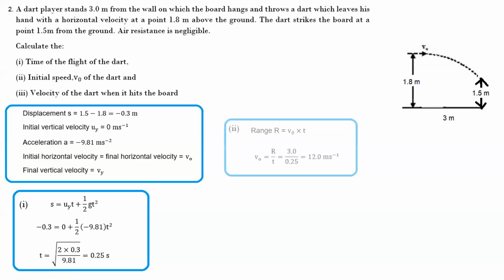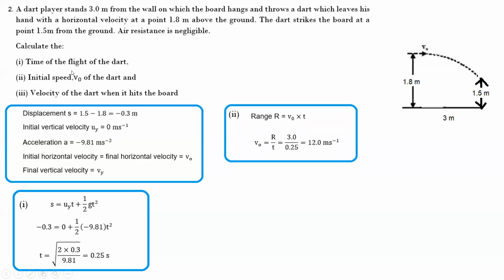Second part, to find the initial speed V naught is quite simple. We know the value of range. Range is the horizontal distance traveled by the dart, which is 3 meters. So range is equal to V naught into t. We are considering this equation because there is no horizontal acceleration as the initial horizontal velocity is constant throughout.